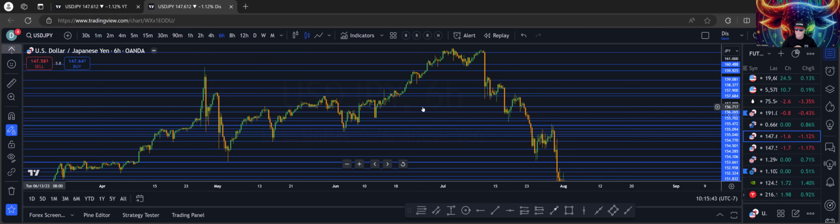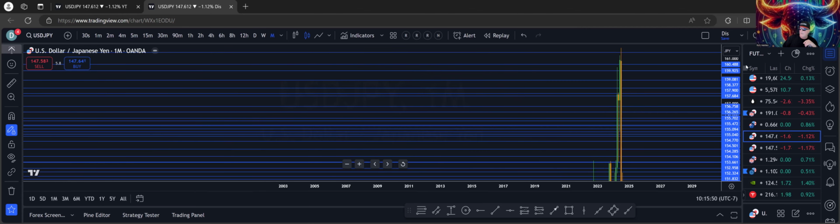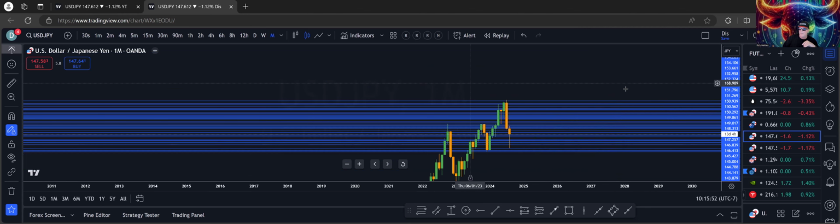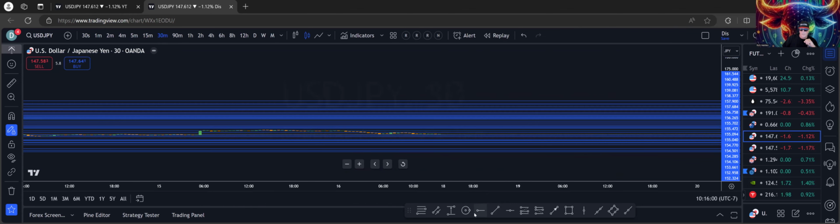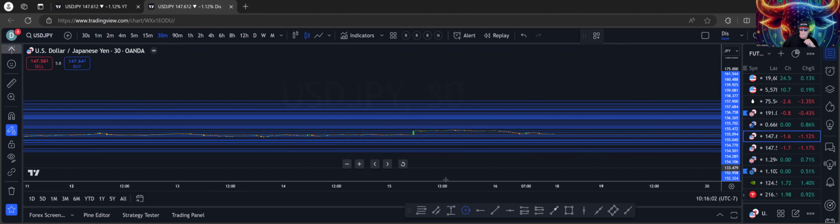Pick your time frame. Why does this monthly candle, why is that monthly candle going to affect me on a 30-minute chart?